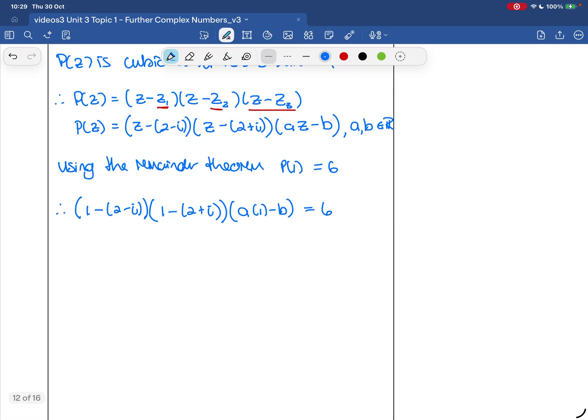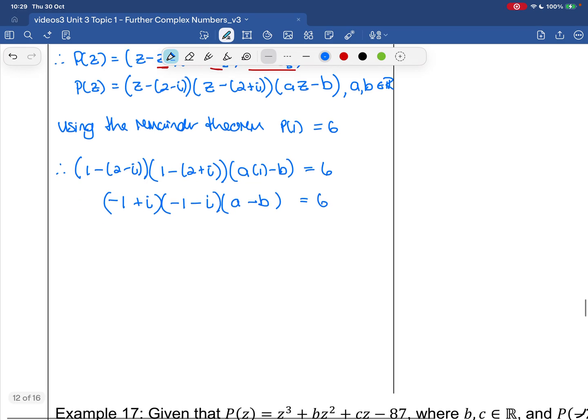And I can simplify that down a little bit. 1 minus 2 is negative 1 plus I times 1 minus 2 is negative 1 minus I. And that's A minus B is equal to 6.